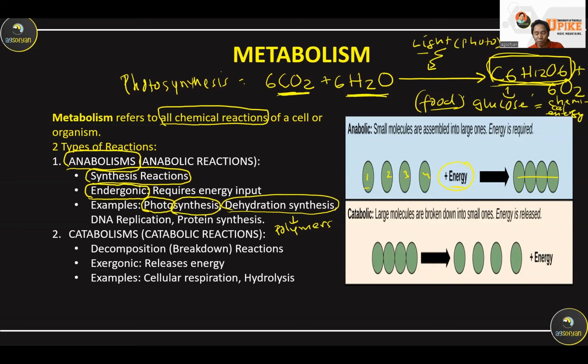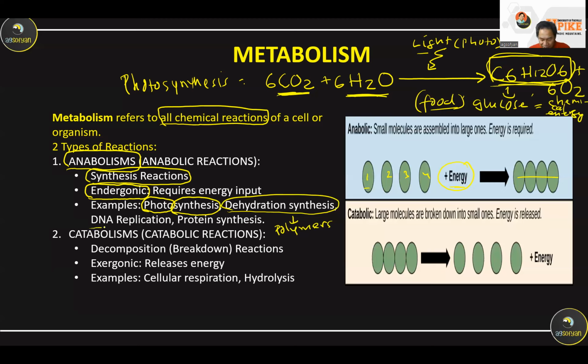And then also nucleic acids like DNA and RNA. This is a polymer made of many monomers called nucleotides. Also fats, butter, triglycerides. This is a polymer made from many monomers called fatty acids and glycerol. So this is dehydration synthesis.